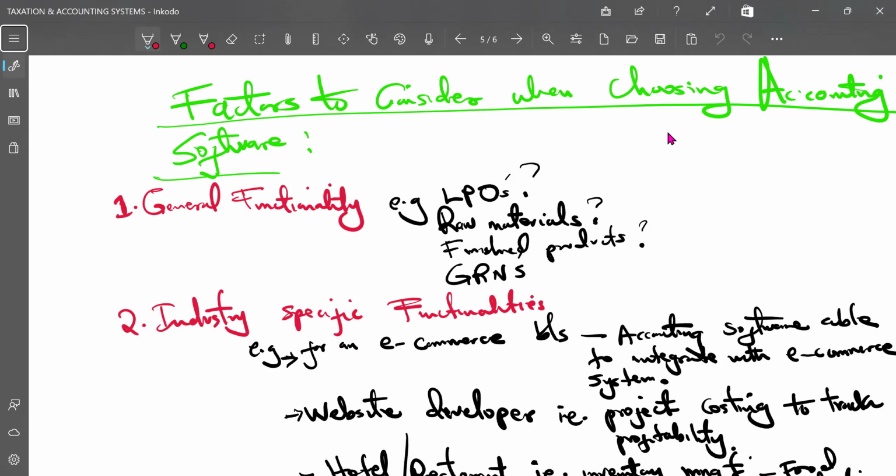This one, I want to give you insights on what to look at. You do not just look at the name, maybe how common is the name of that accounting system. There are those common ones that we already know. But before you get there, there are a lot of factors involved. Look at the functionality and how best it helps to solve your problem.